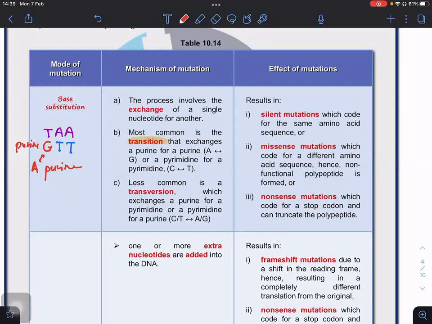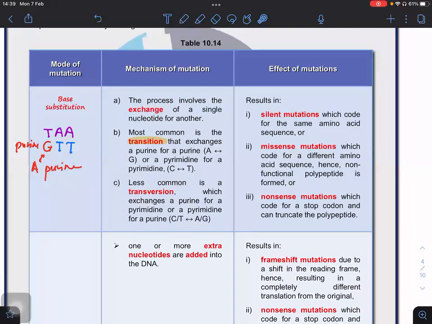This means our translation process will stop prematurely, so the polypeptide becomes shorter, or truncated. Truncated basically means shorter. Later I will show you guys.